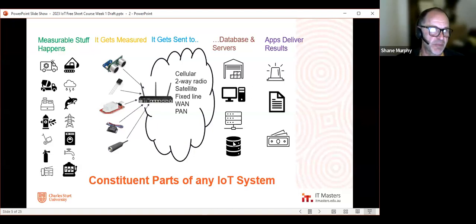But yeah, going back to what you're talking about in terms of a diagram, this is a diagram that I've come up with because I've tried to simplify it reasonably, because every time we start talking about layers and this and that, it makes things slightly more complicated to my small brain. So basically, we're going from left to right across this set of diagrams. Events happen, measurable stuff happens.